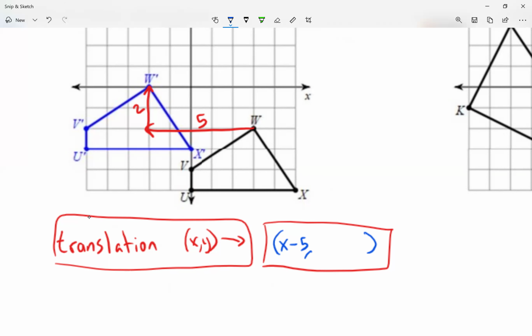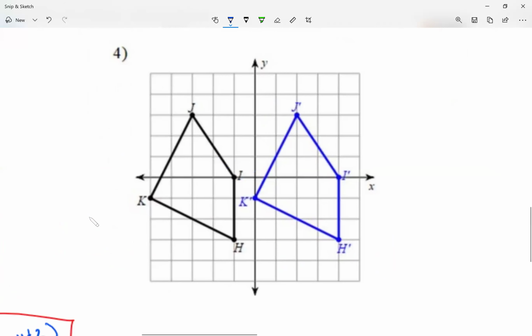So let me emphasize there's a space. And then up or down. It seems like I go up two. So I'm gonna type in y plus two. And yes, you will have to type all that. Make sure you have your parentheses open and close. You have x minus five, y plus two. There's a comma and a space that separates them. And we're good.